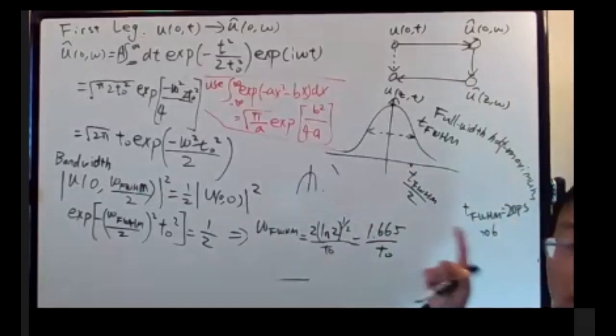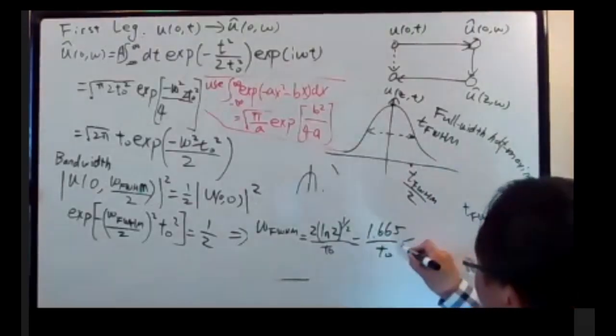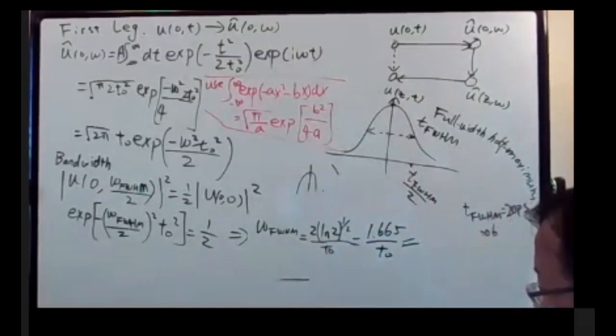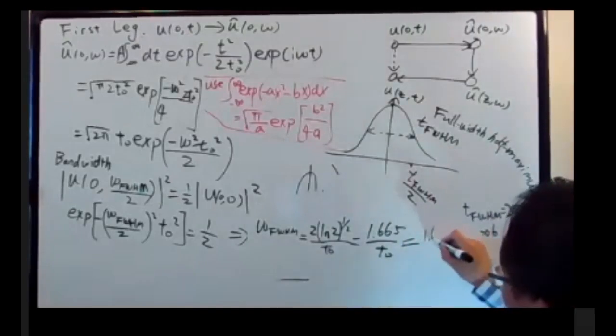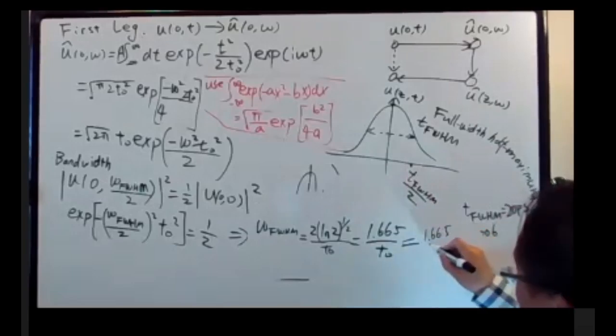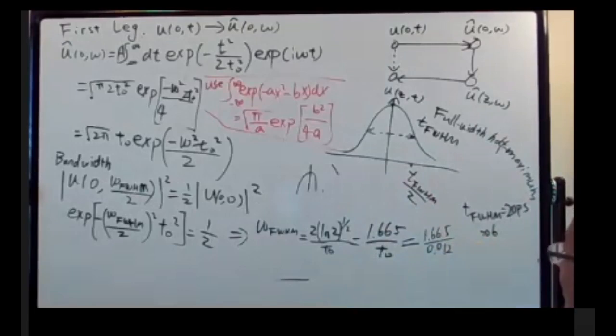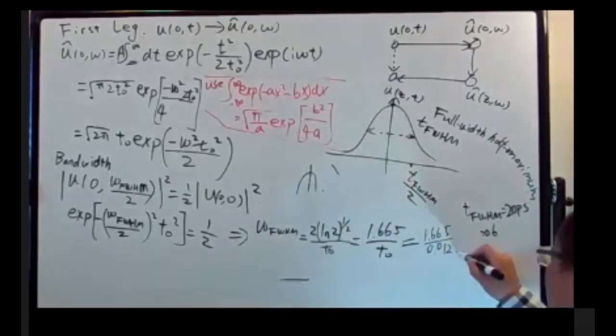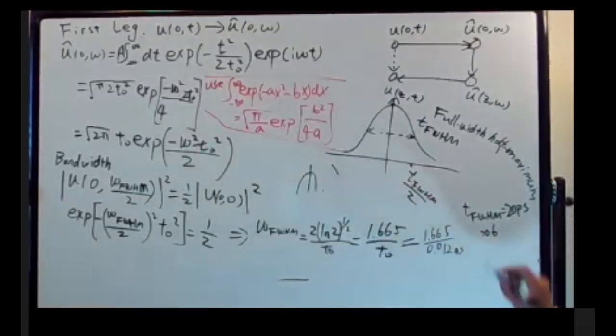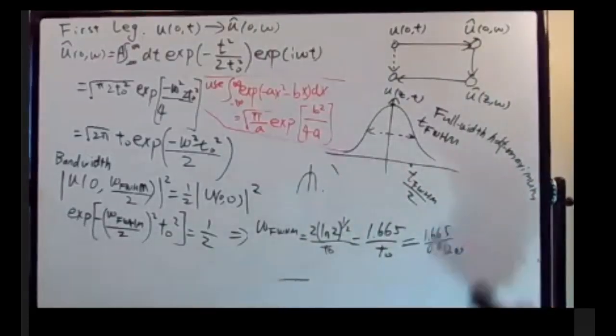12 picoseconds, right? So let's calculate it. For 12 picoseconds, it's 1.665, and since it's 12 picoseconds, that is 0.012 nanosecond, which is the total.